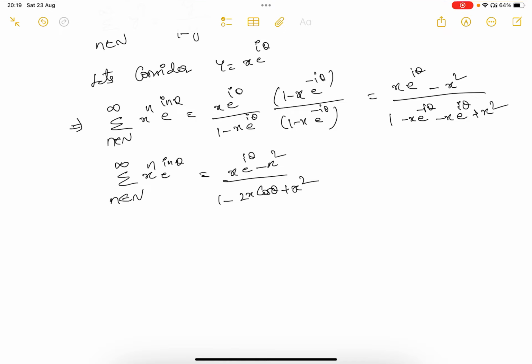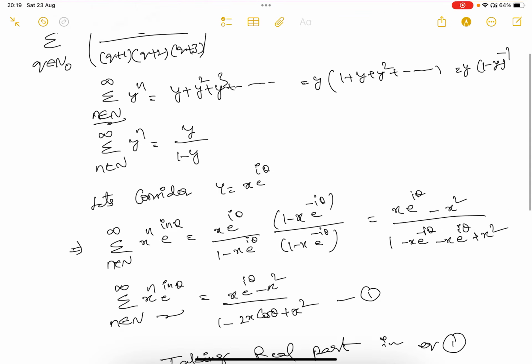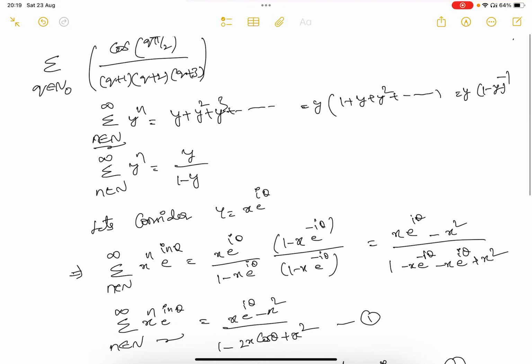Now here we are going to consider taking the real part, right? If you consider the real part in equation 1, here the real part of e power i n theta is cos n theta, right? That is what we needed here in the numerator, cos q pi by 2.